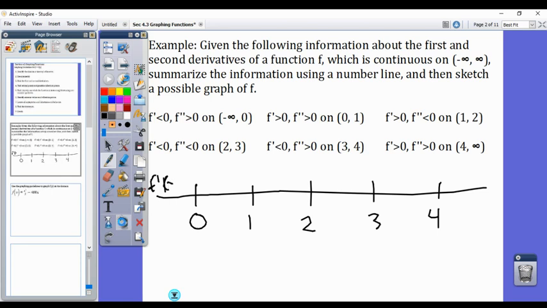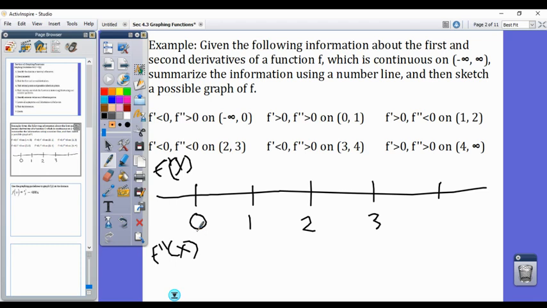Okay, there we go. So at the top here, I'm going to deal with the first derivative. And then here at the bottom, I'm going to deal with the second derivative. Just personal preference, how I like to organize this.